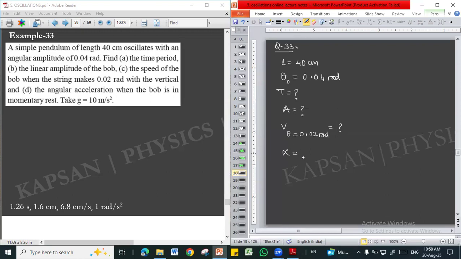Angular acceleration at the position of momentary rest. At the position of momentary rest means at the extreme position.